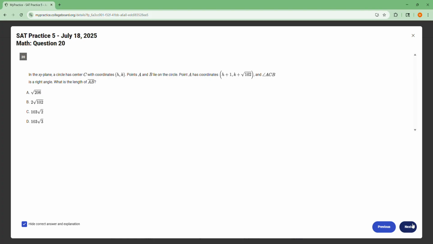Now I'm going to freehand this circle real fast. Here we've got the center with coordinates HK. Can you tell me approximately where on this circle point A would be?